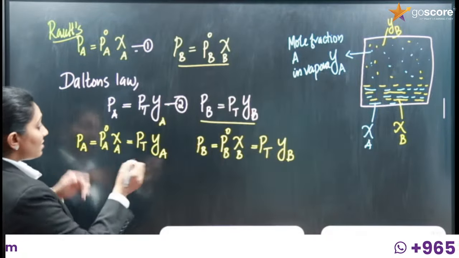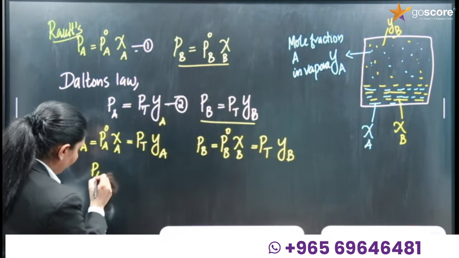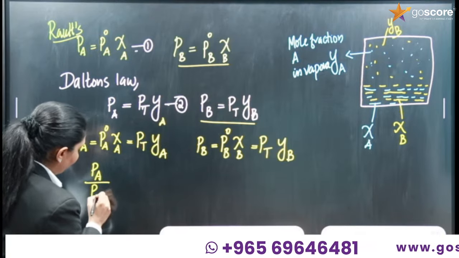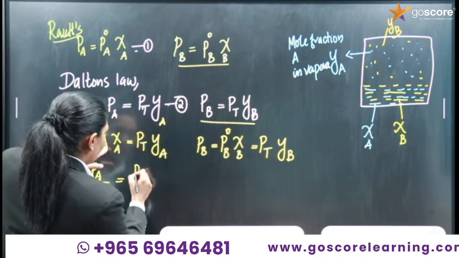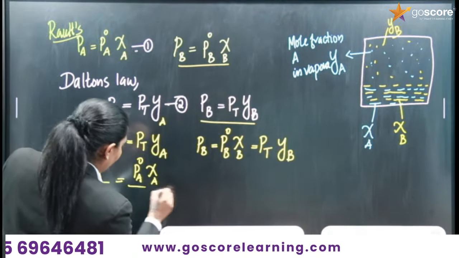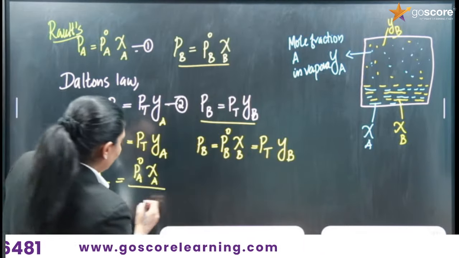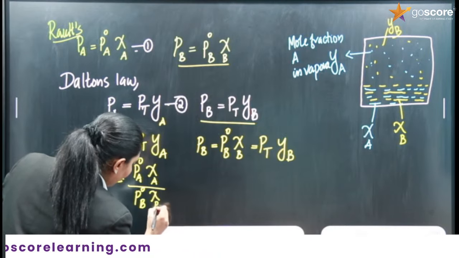So from these two equations, if I am doing PA divided by PB, what will I get? PA is equal to P naught A into chi A divided by PB is equal to P naught B into chi B, right?